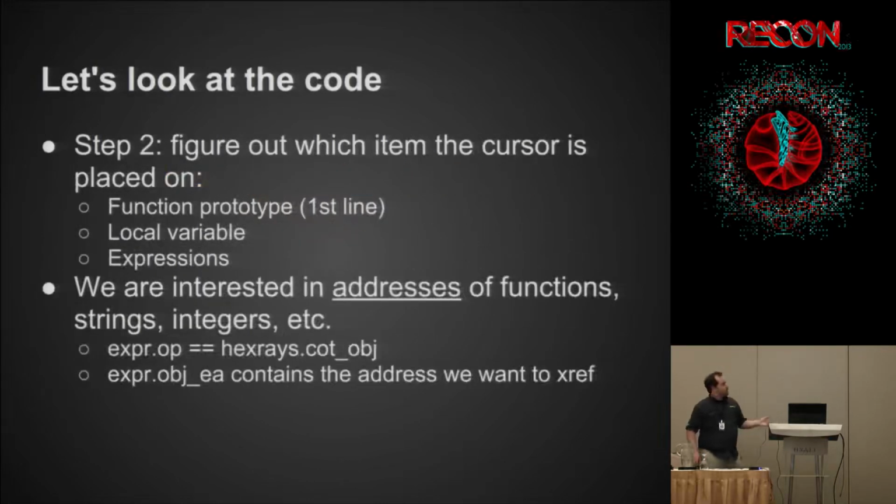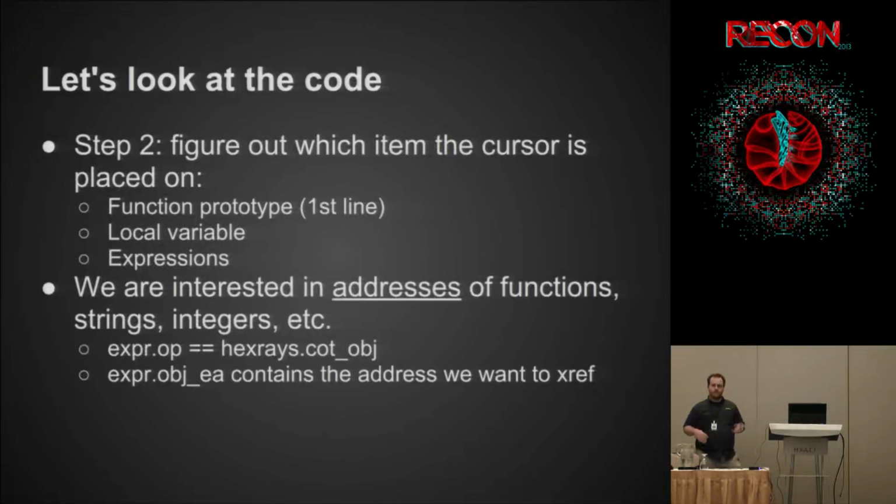So step 2, you figure out what item the cursor is on. So you can have the function prototype, which is the first line of the program, the variable, which are the following lines, or any expression in the body of the program. So here we're interested in objects, so functions, integers, or strings, they all work.